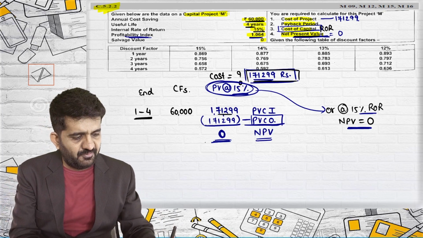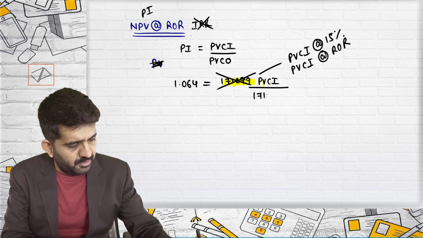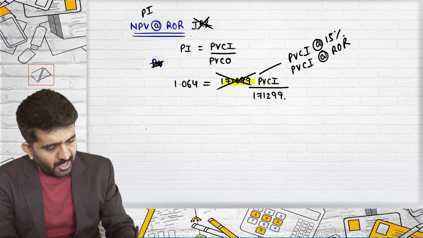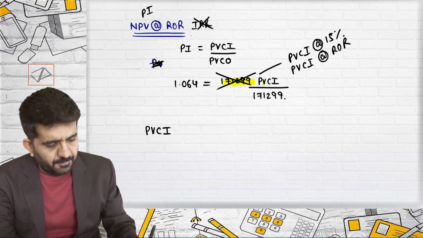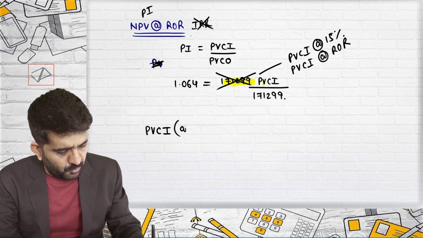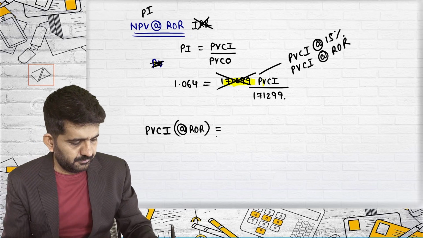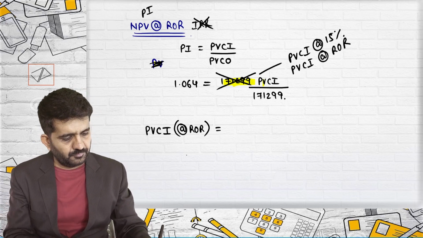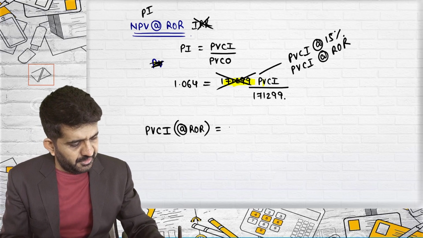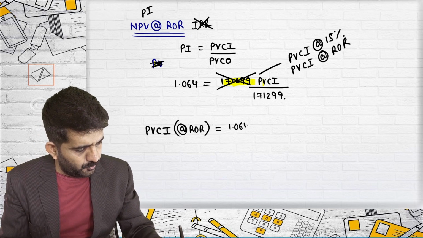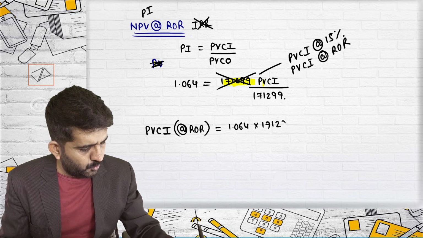So it is 171,299. So I will get the present value of cash inflow at required rate of return, which is 1.064 into 171,299.